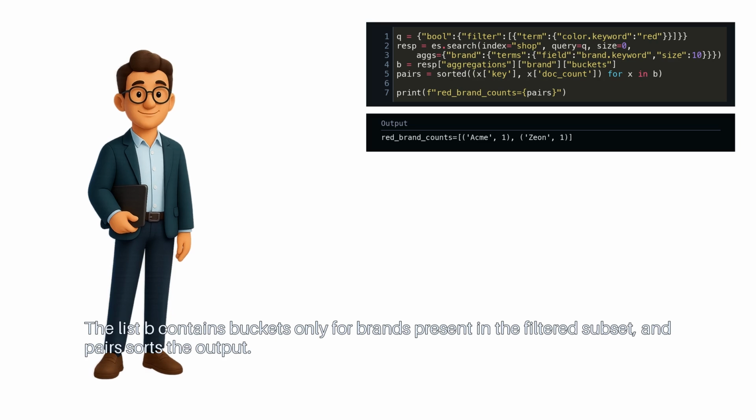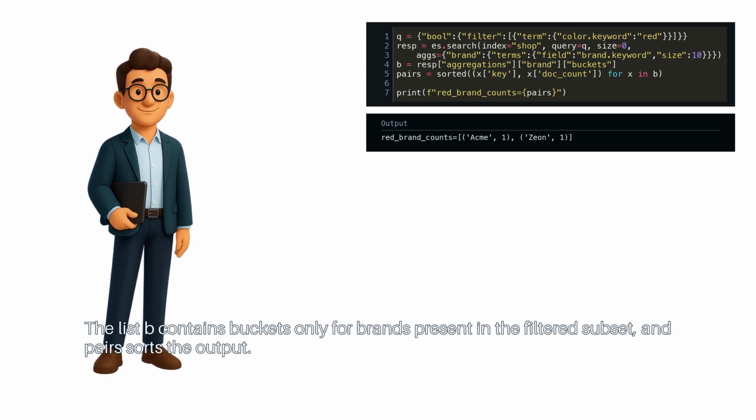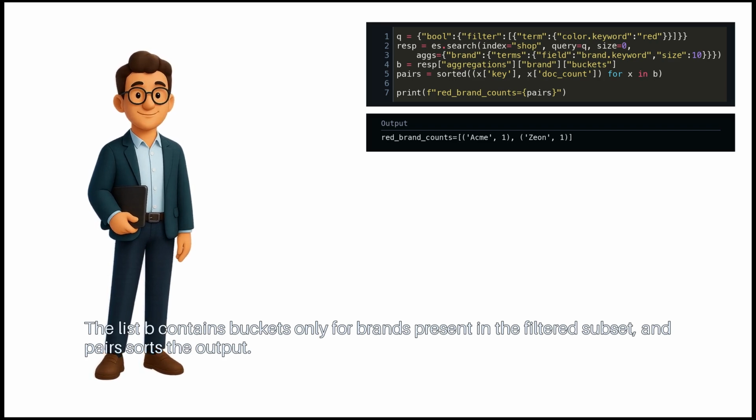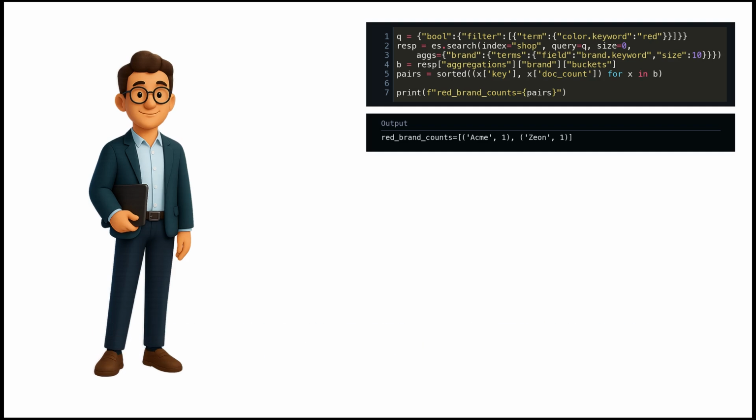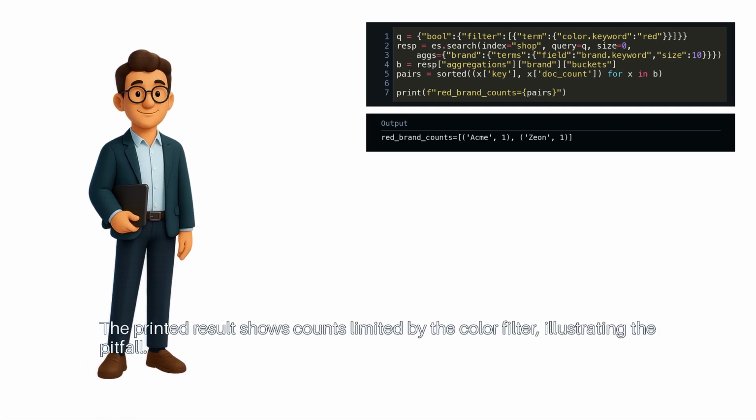The list B contains buckets only for brands present in the filtered subset, and pairs sorts the output. This behavior is often perceived as wrong for faceting when users expect counts that help them pivot to other brands. The printed result shows counts limited by the color filter, illustrating the pitfall.